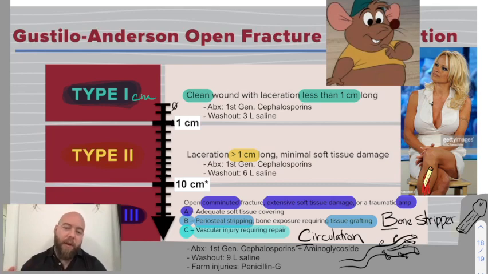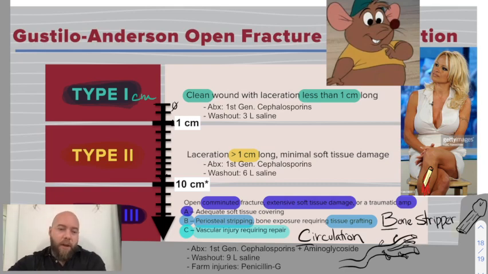Okay, now let's get into the more advanced stuff that you definitely need to know for interviews. Antibiotics for type 1, type 2 are the same. They recommend first-generation cephalosporins. That's Ancef or cefazolin or cephalexin.